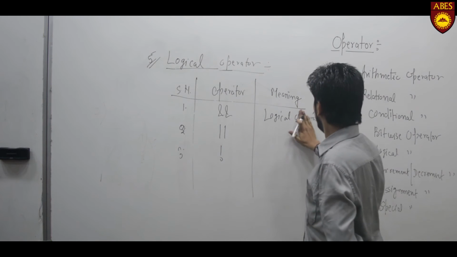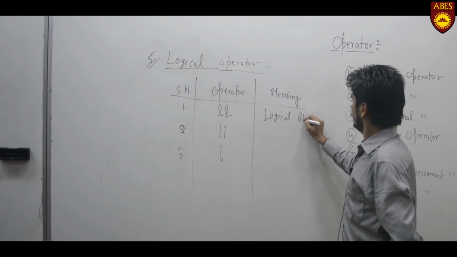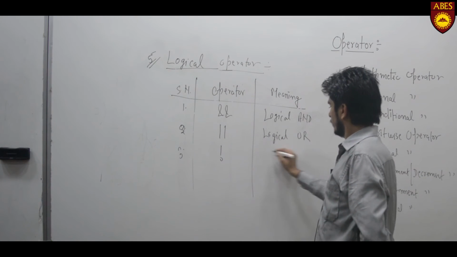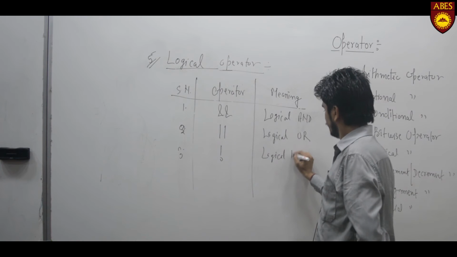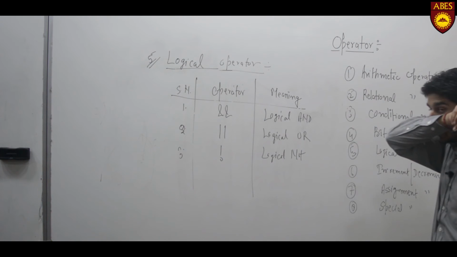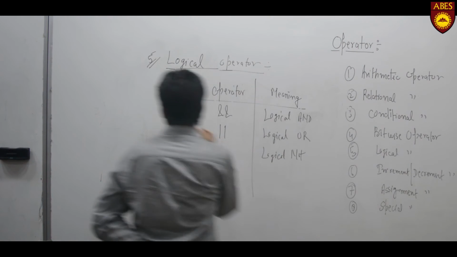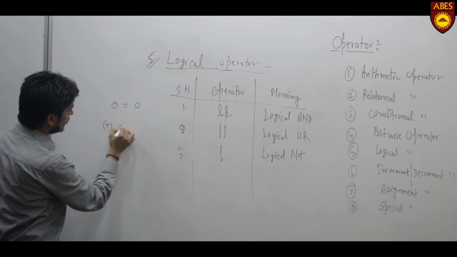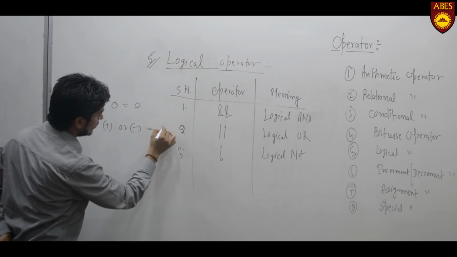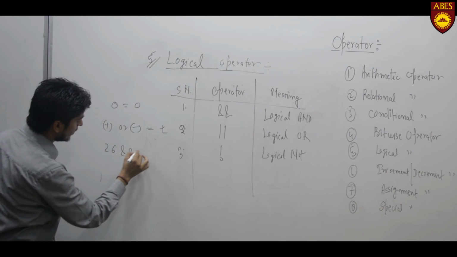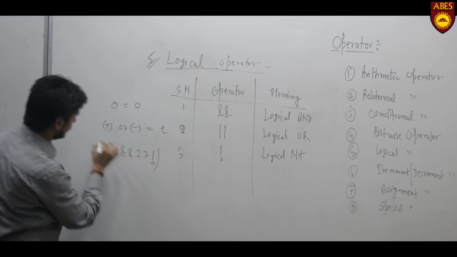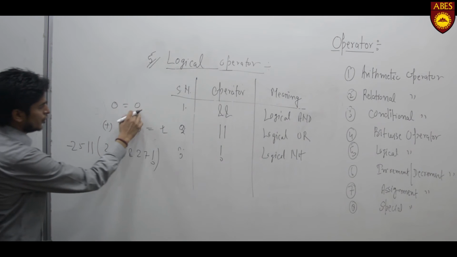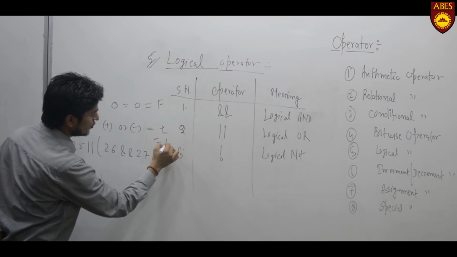Logical AND, logical OR, logical NOT. In logical operators, zero value is considered false. Otherwise, any value positive or negative is considered 1. 0 means false, 1 means true.